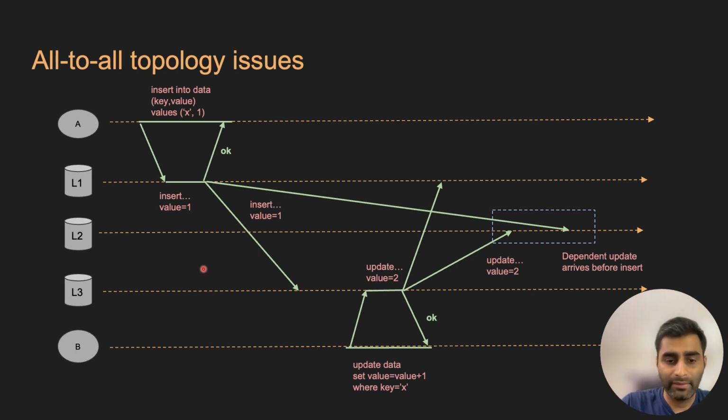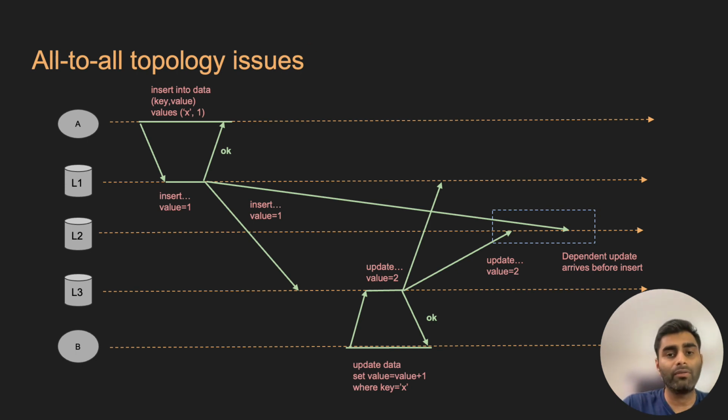And client B updates that row on leader 3, which is L3 here. However, leader 2 may receive the writes in a different order. It may first receive the update, which from its point of view is an update to a row which does not exist in the database, and only later receive the corresponding insert, which should have preceded the update.